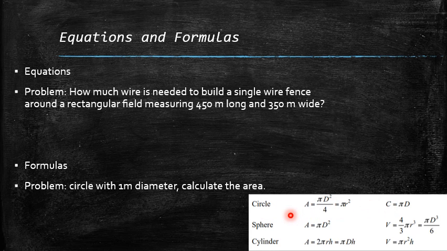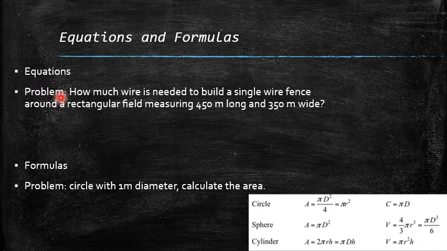This is a formula, but an equation we can derive, as we did in the previous problem. Maybe we say 100 meters over 10 meters. This is an equation, not a formula.